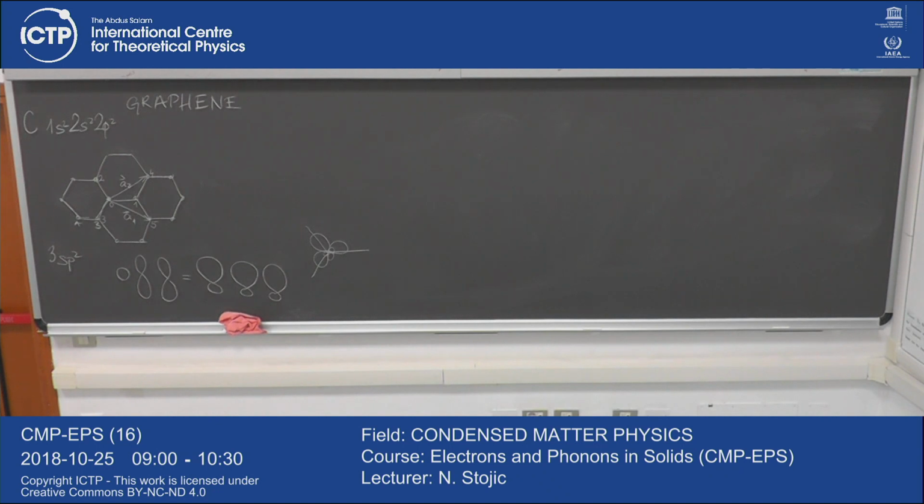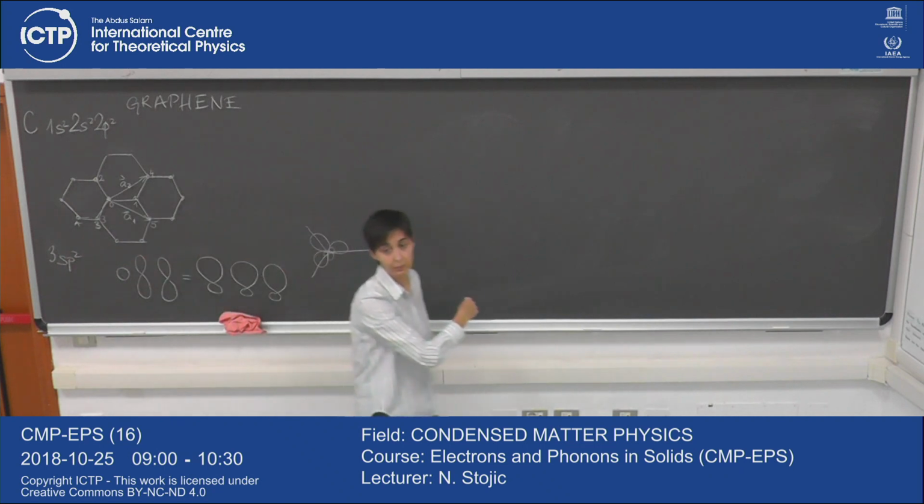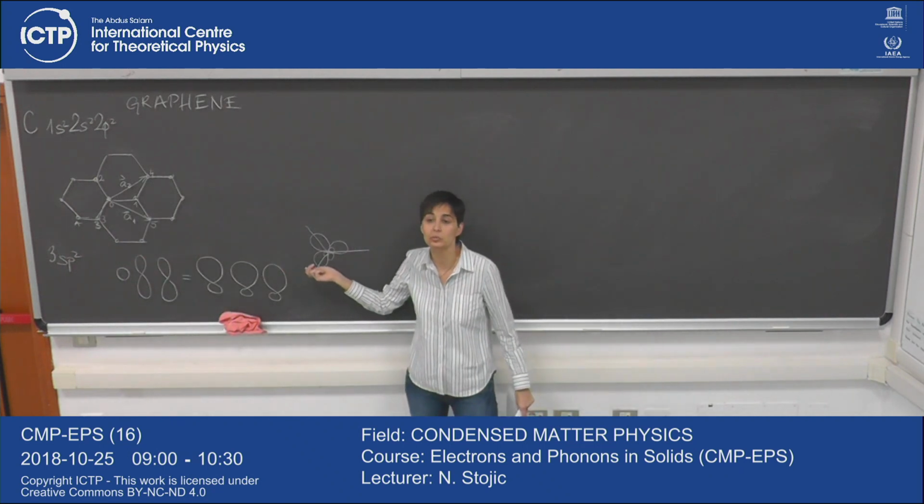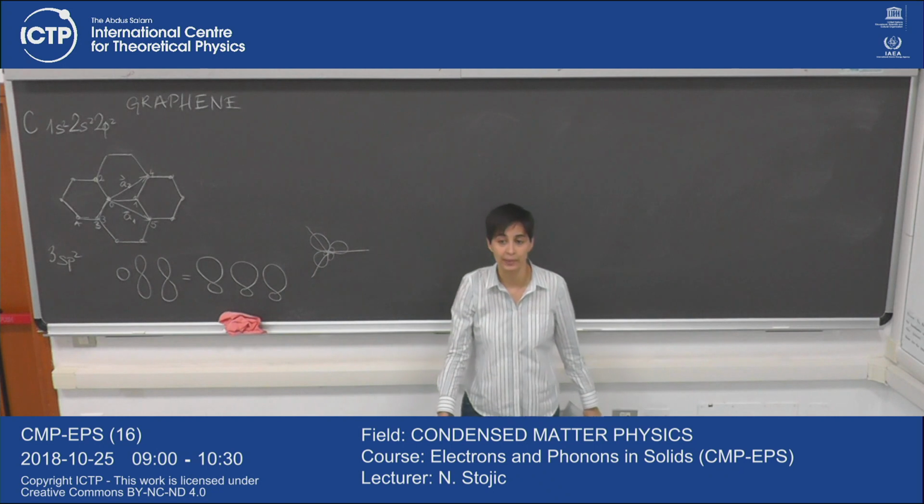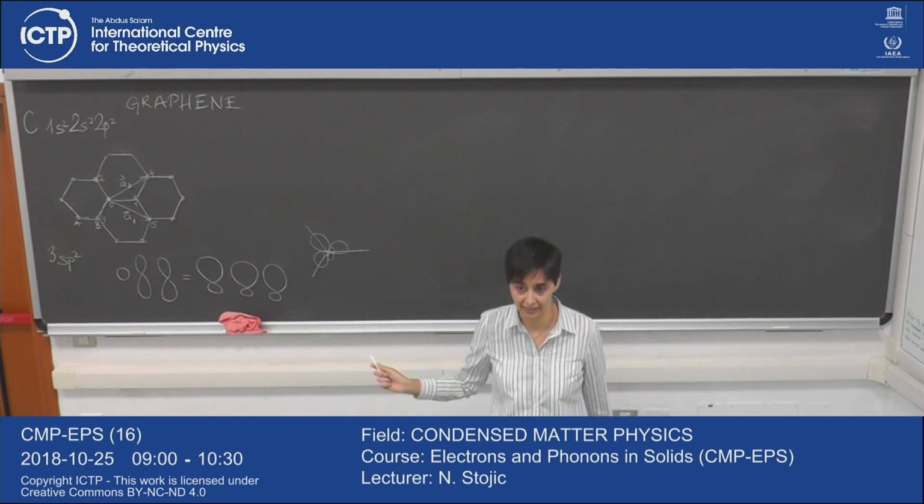If you could make a sheet that big, which is hard to produce at the moment. It is these sp2 bonds, which are very, very hard to break. They are deep in energy. They won't be broken by anything.